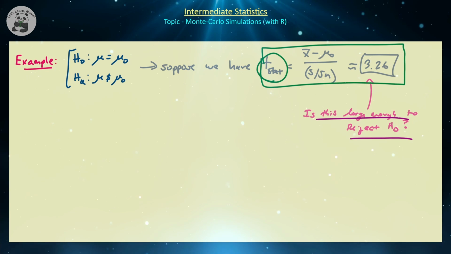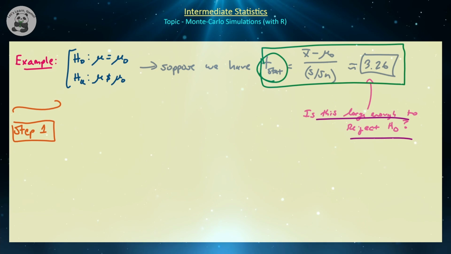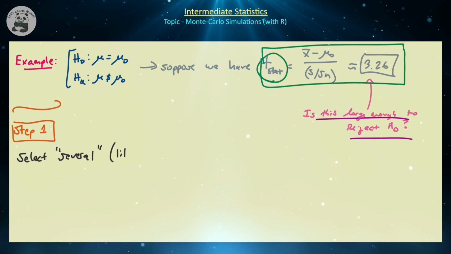So, the Monte Carlo simulation process usually can be summarized into 3 steps. Let's walk through these steps one by one. Step 1. The first thing that we need to do is select several, and when I say several, I mean like 1,000,000 plus samples, right?